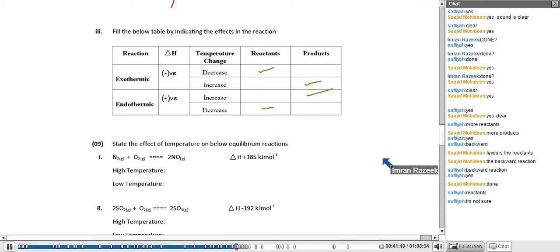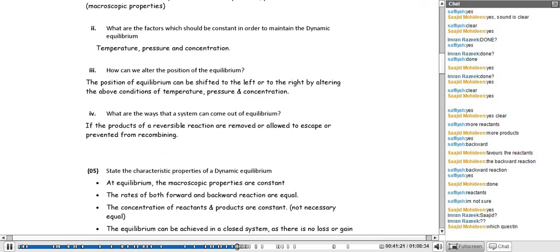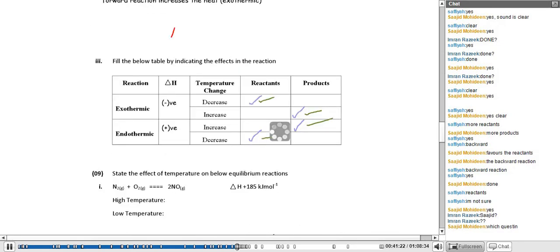Forward reaction releases heat. So products are hotter, reactants are cooler. So if you increase temperature, it forms the cooler side. If you decrease temperature, it will form the hotter side. Yes, Sajid, I am waiting for the correction. So exothermic reaction, I just mentioned before.